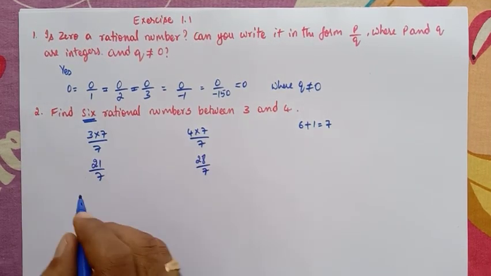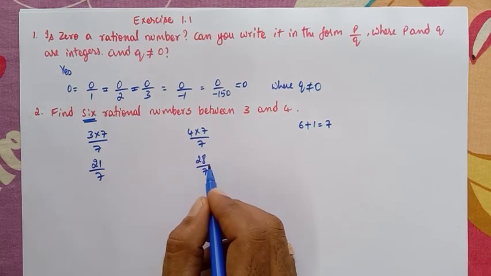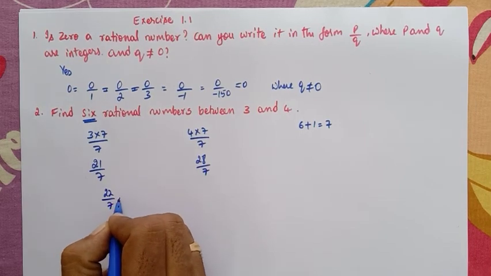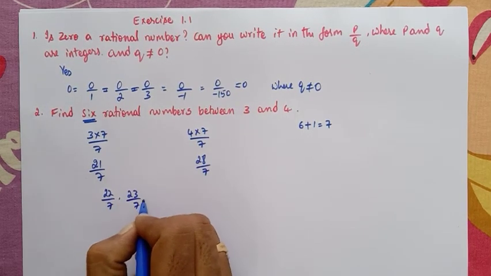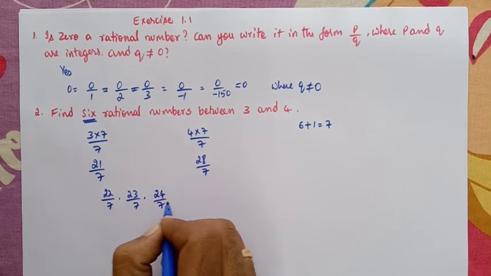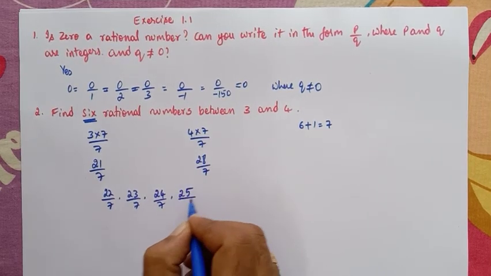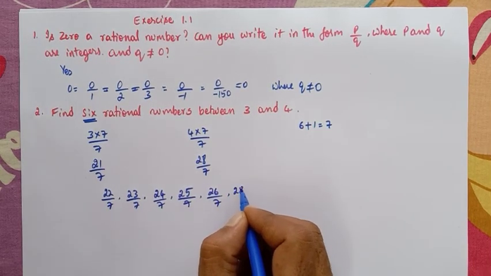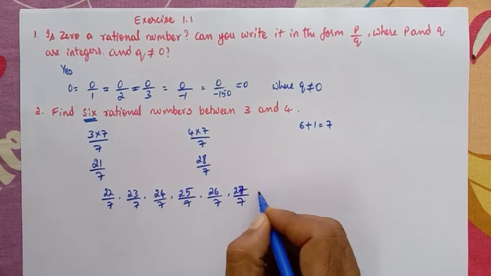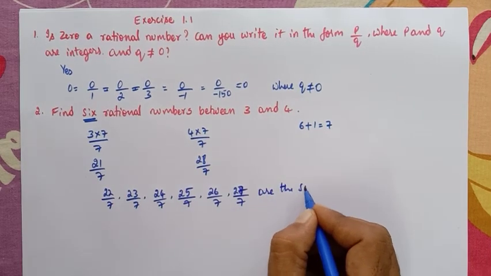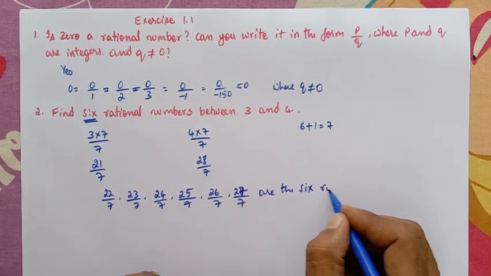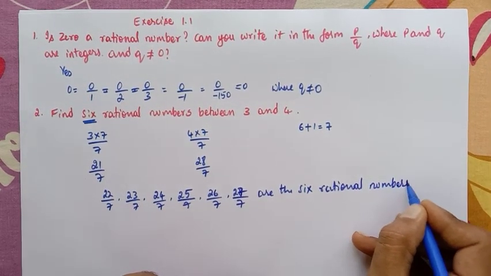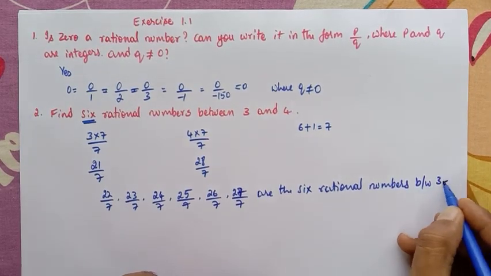Let us write all the numbers between 21 by 7 and 28 by 7: 22 by 7, 23 by 7, 24 by 7, 25 by 7, 26 by 7, 27 by 7 are the 6 rational numbers between 3 and 4.